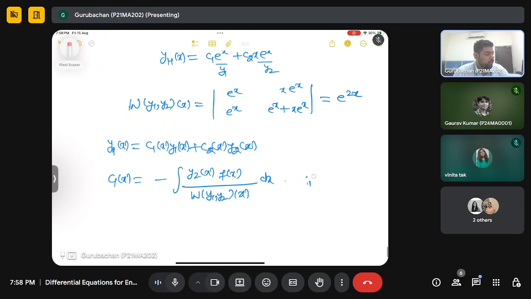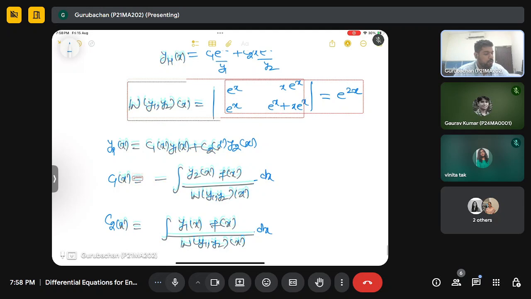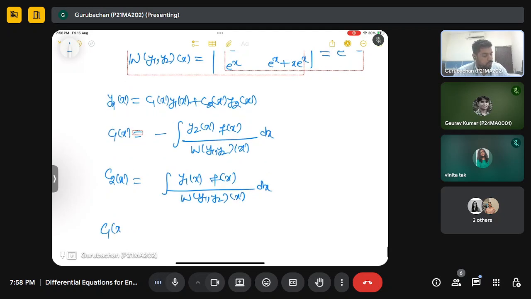Since we are again going to take it 0, I am removing it. And c2(x) will be y1(x) f(x) divided by the Wronskian of y1, y2. So these are c1, c2 that we have to calculate.